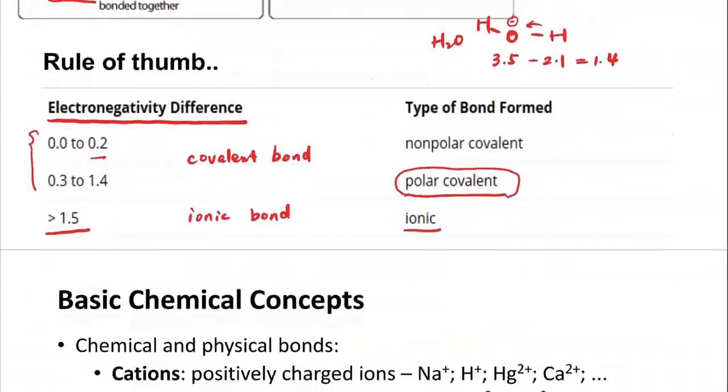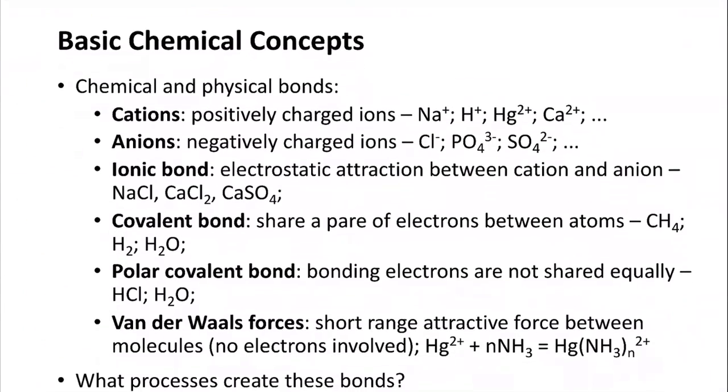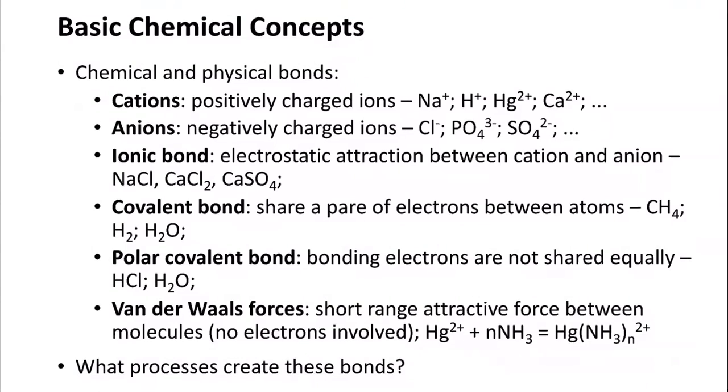To sum up, I'm going to use this slide to quickly go over the contents. For ionic species, or if there's an ionic bond, we can divide the elements into cations or anions. The cations are positively charged ions, for example the sodium in sodium chloride.